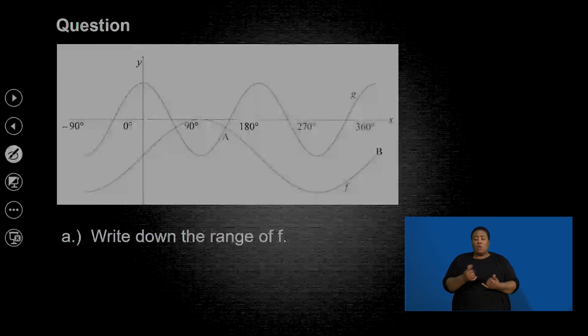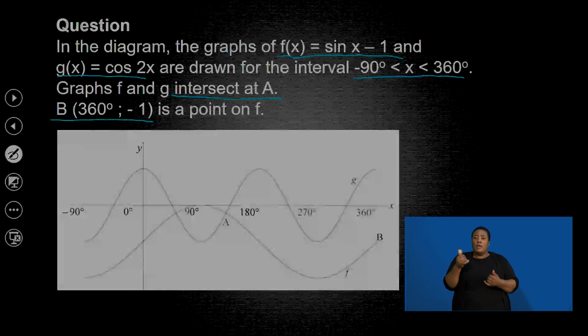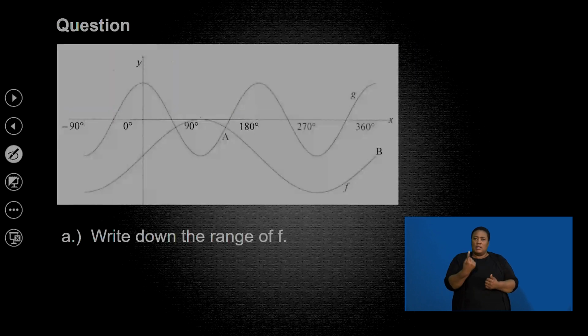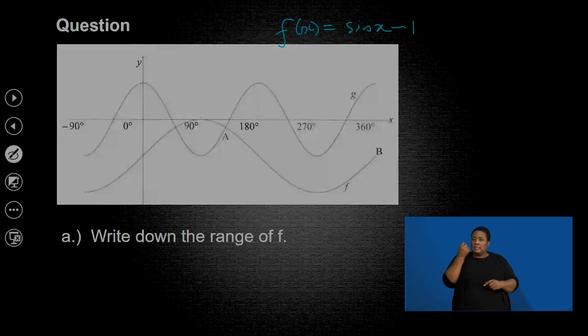Now, the first question wants us to talk about the range of f. If we just go back to the question, it was sine x minus 1, right? So I'm just going to write it here. Our f of x is equal to sine x minus 1. Now let's understand what this means, guys.